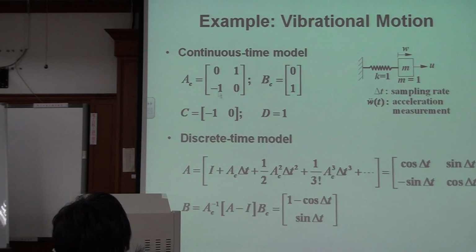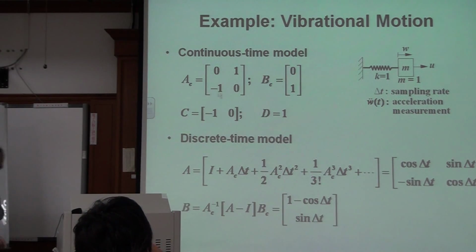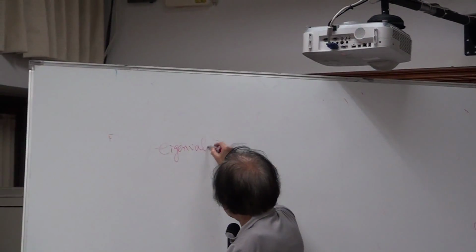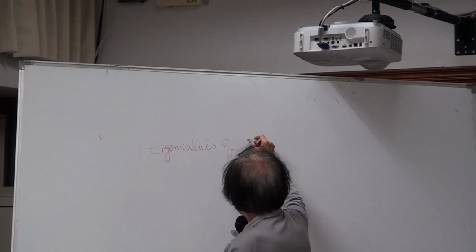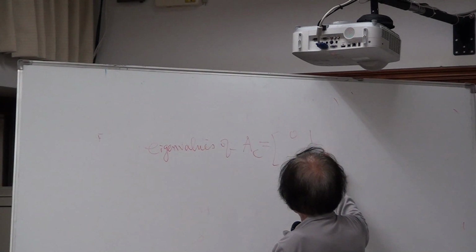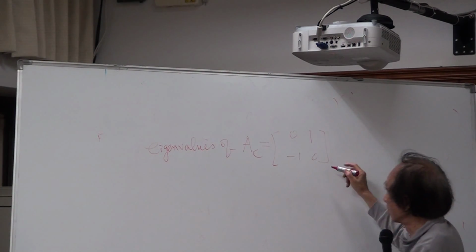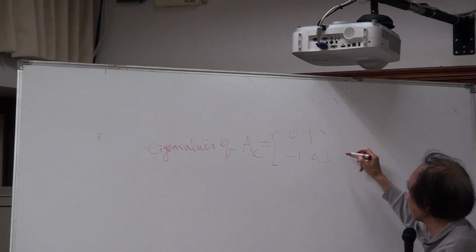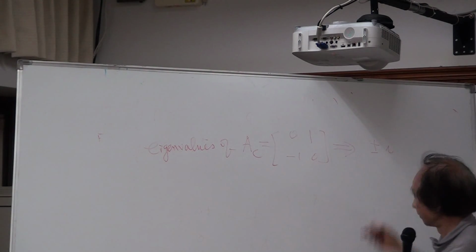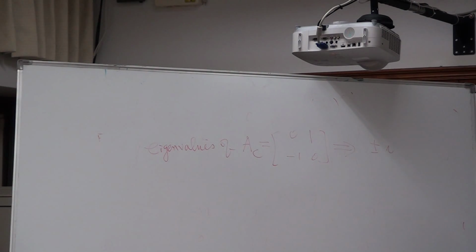The eigenvalue of Ac, with Ac equal to 0, 1, minus 1, 0, is plus and minus i, with no real parts.